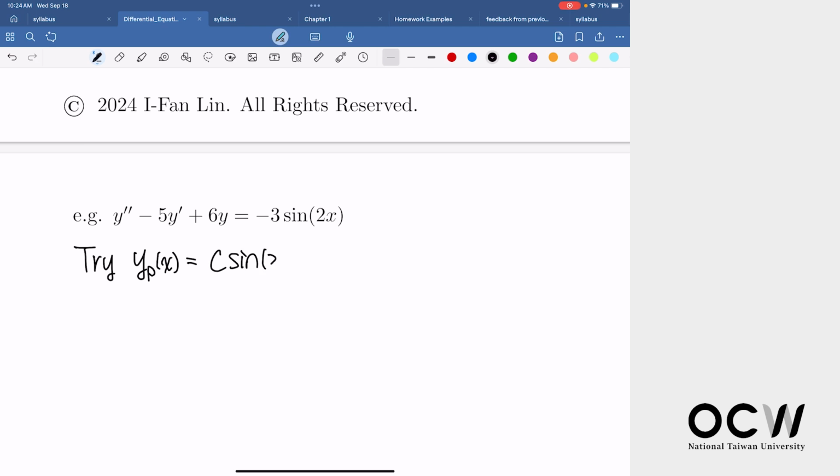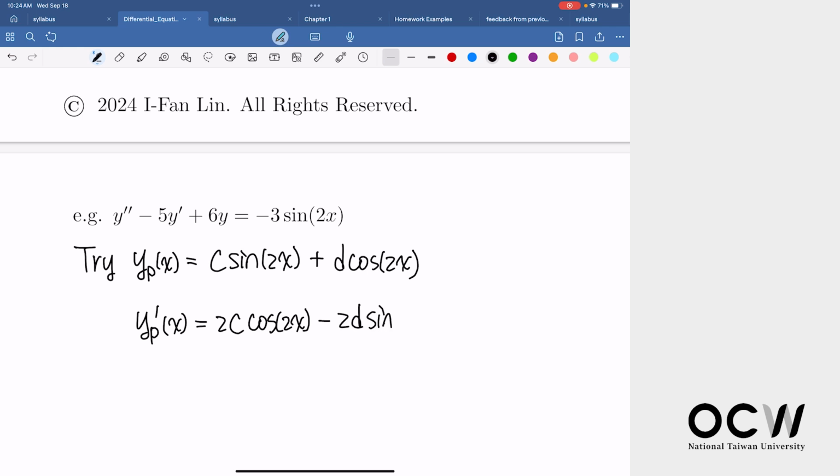So here I have c sine 2x, and then d cosine 2x. So y prime, you will get 2c cosine 2x minus 2d sine 2x.